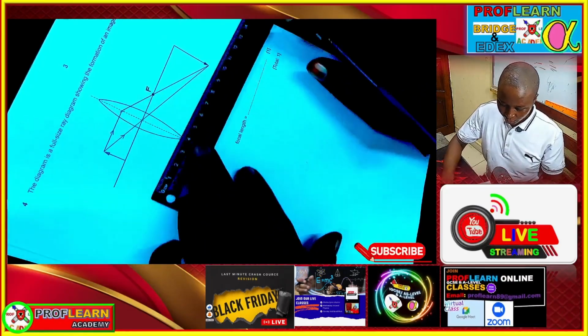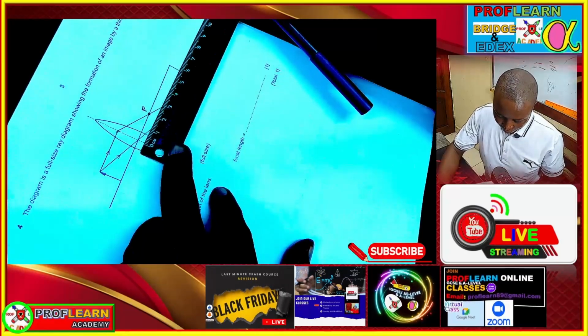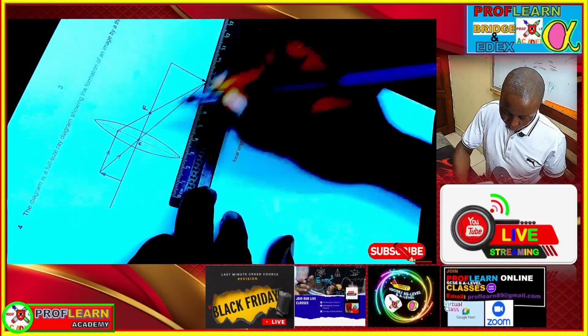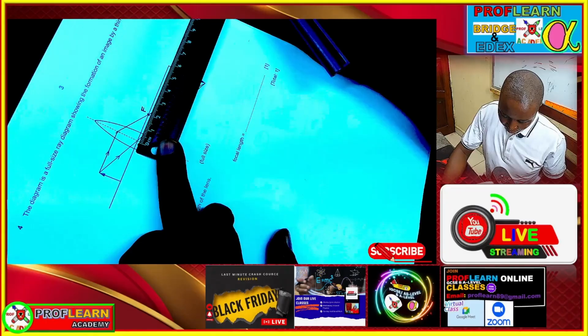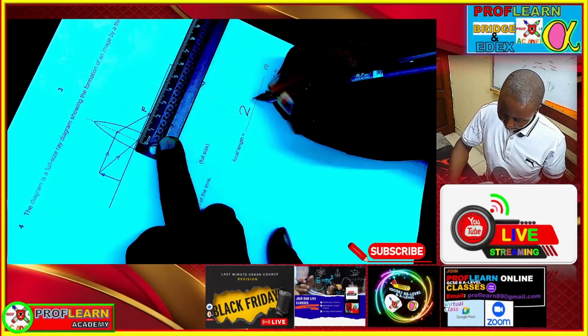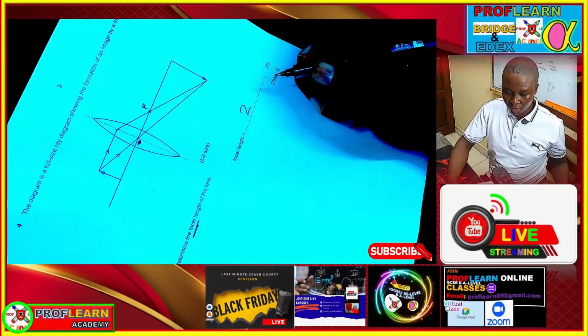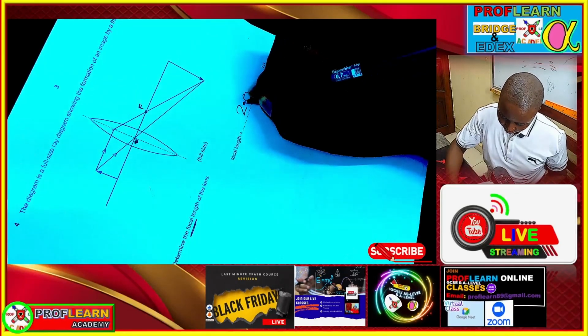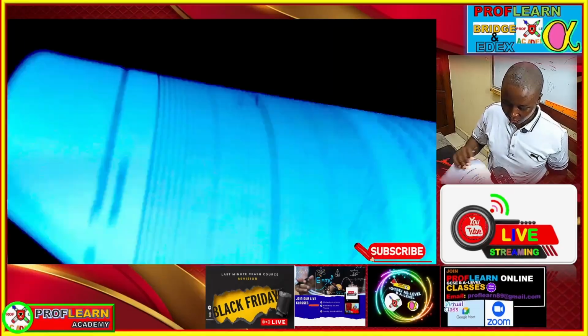So if we want to find the focal length, we measure the distance from the center of the lens to where the F is, and this is going to give us 2.0 centimeters.